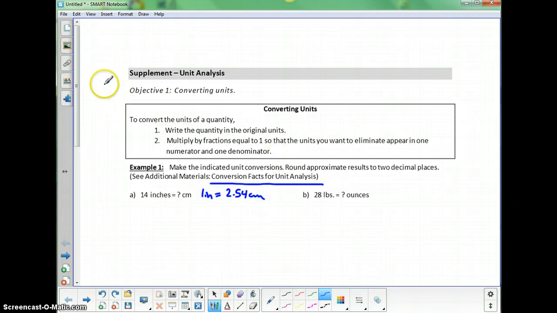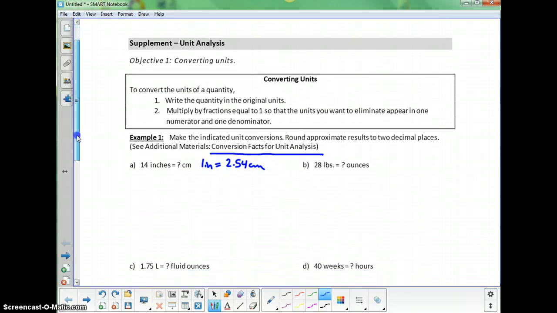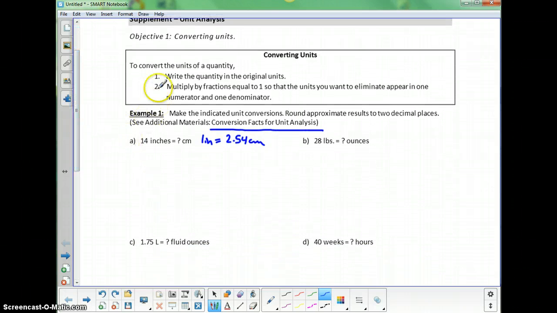Alright, I'm going to need to use that fact to be able to figure out how many centimeters are in 14 inches. To start my unit conversions, I want to start by writing the original quantity with its original units. That's the 14 inches. And then I want to multiply by a fraction equal to 1, so the units that I want to eliminate appear in one numerator and one denominator.